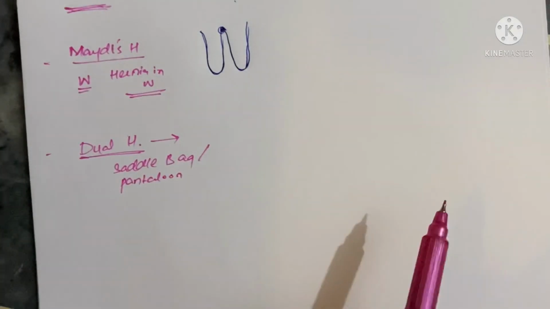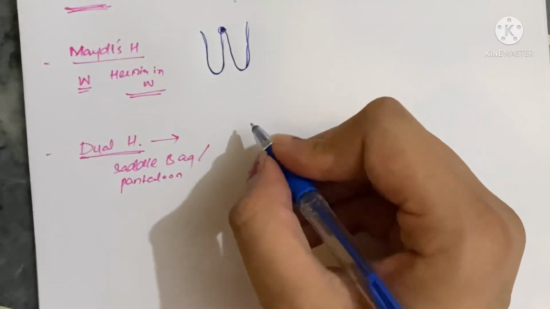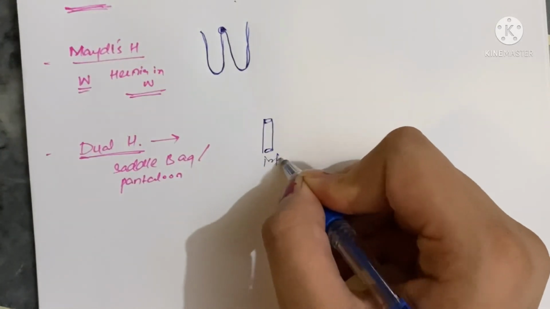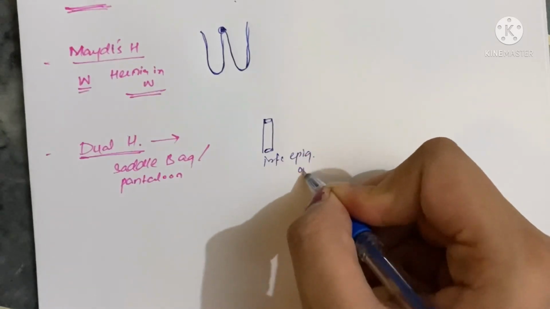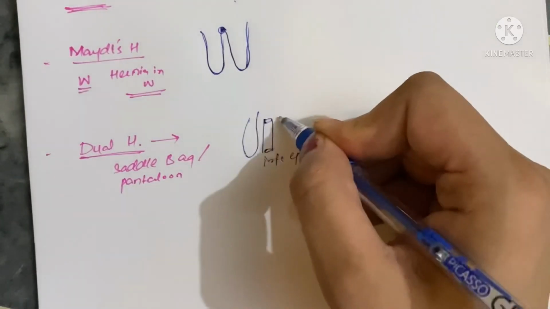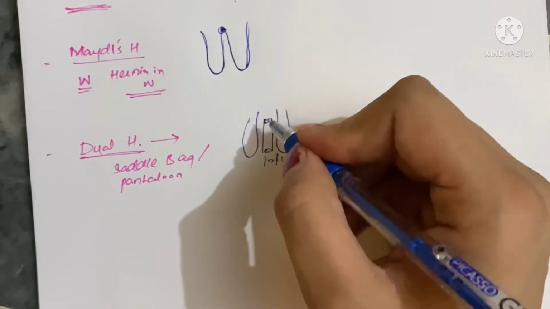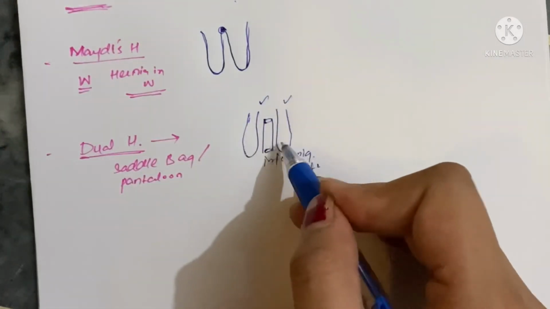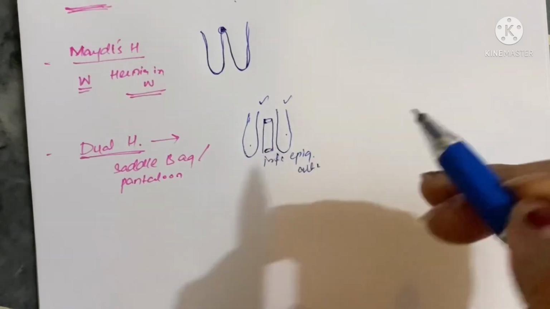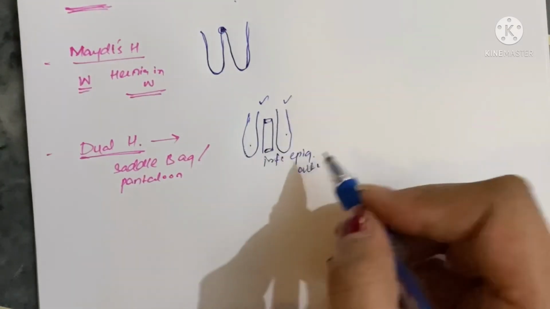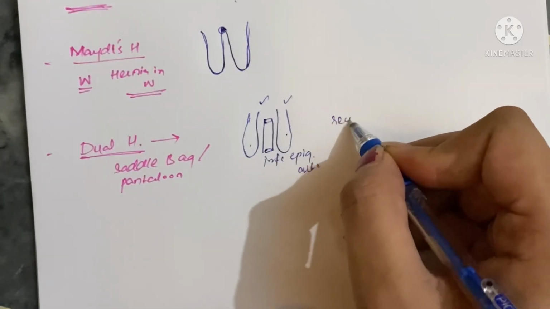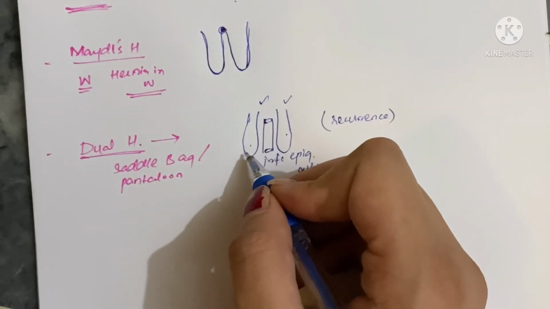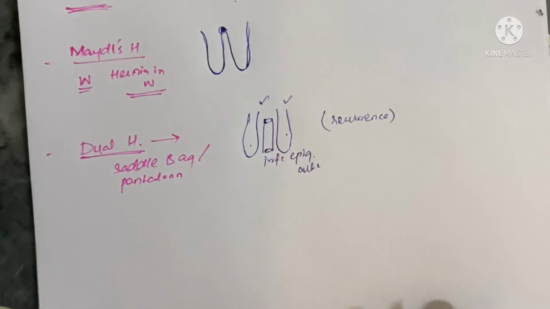So what happens in it is that we have two loops, two different sacs. So this is the inferior epigastric artery. We have two loops on two sides of the hernia. So this is basically a dual hernia. We have two different sacs on the medial and lateral side of the inferior epigastric artery, and this is usually because of recurrence, that during the previous operation we left one hernia intact that led to another recurrence.